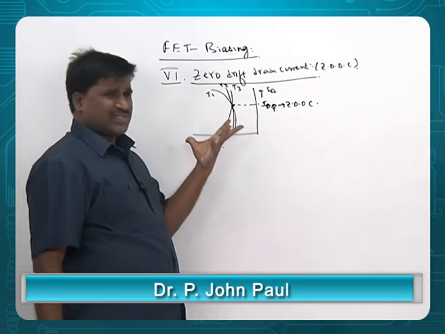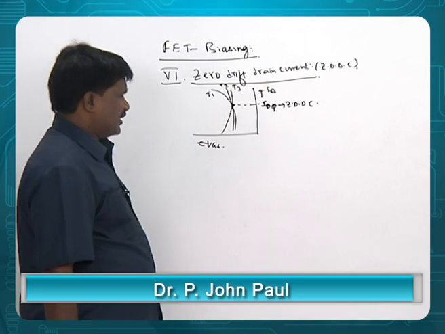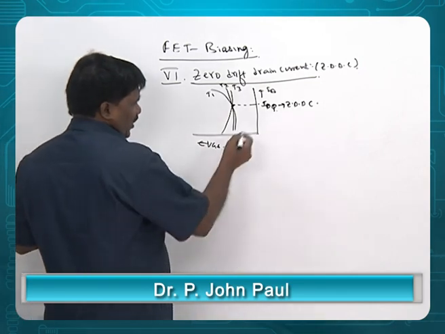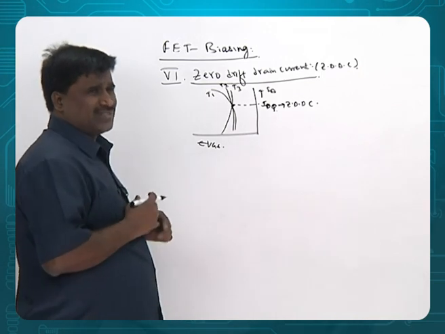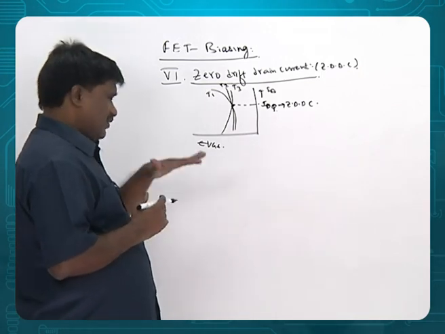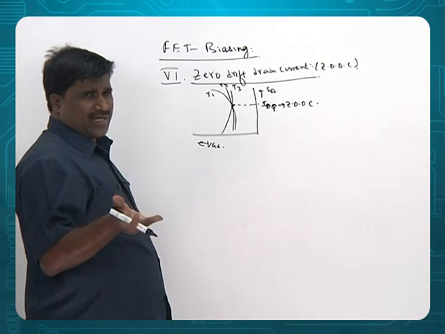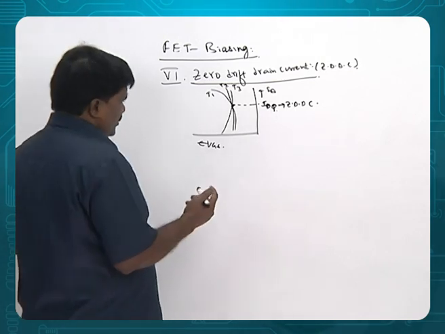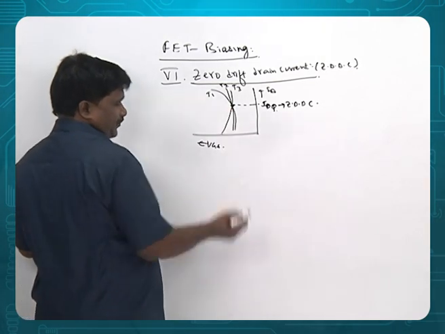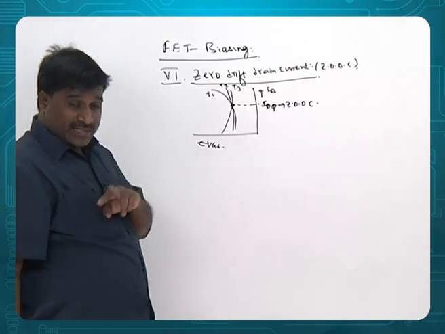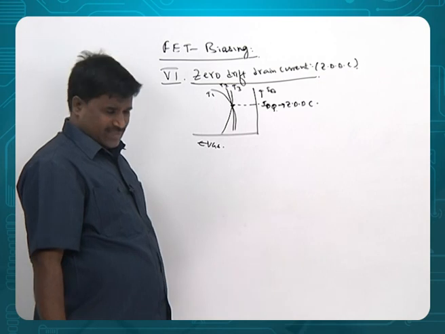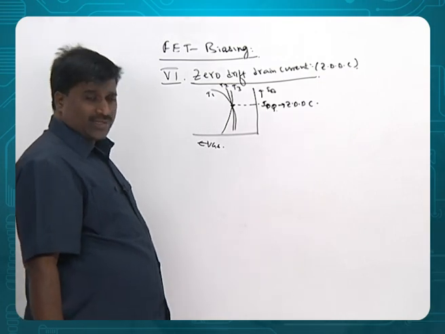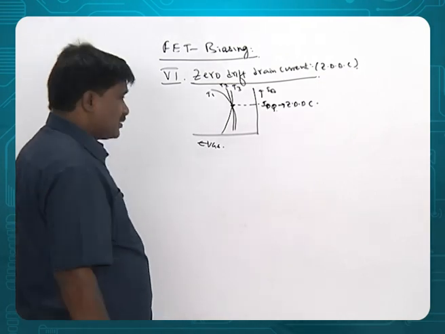How to achieve stability in FETs? How to achieve this condition? First, we'll understand what the reasons for this are. Normally, whenever temperature changes, current should change, but there's no change here. That means two opposing effects are coming. What are the two effects?